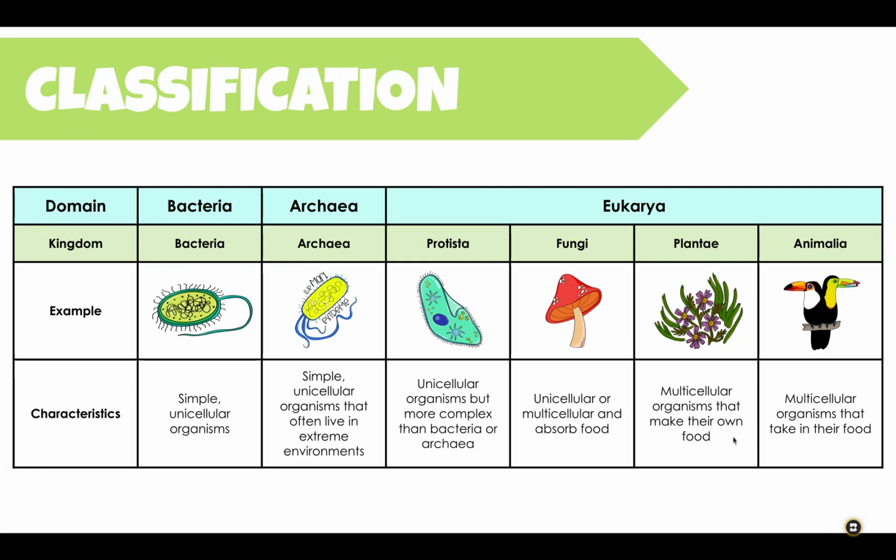Plants, what makes them unique? They tend to be multicellular organisms that make their own food. There are cases of plants that are unicellular. And then animalia, we are definitely more complex organisms, and we must be able to take in and eat our own food. That's the main characteristic that distinguishes animalia from the rest of the other kingdoms.